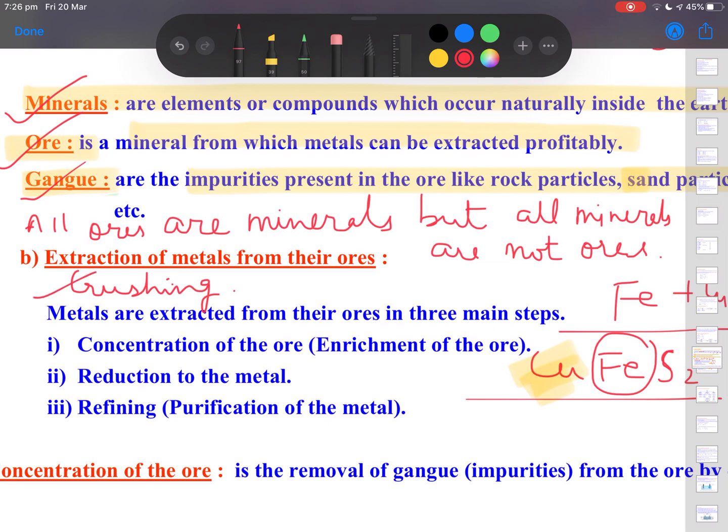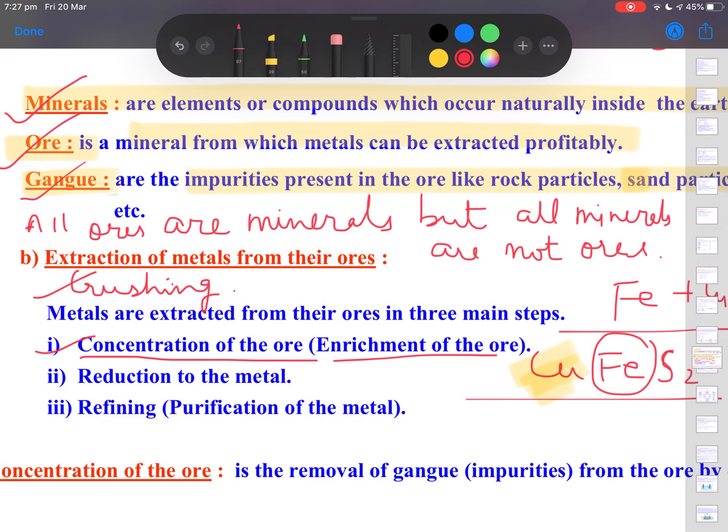And after that, as I said before, the very important stage before we try to extract any metal is the removal of gangue particles. That's known as concentration of ore or enrichment of ore. So the removal of gangue particles from your ore is known as concentration of ore.